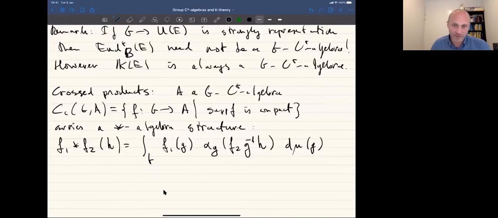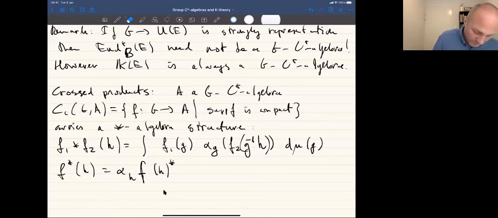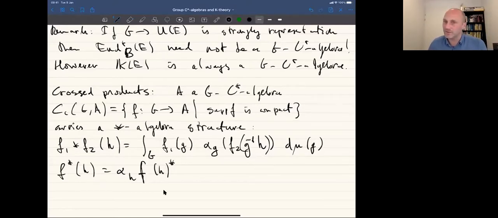You can check that this is an associative product, and there is a star structure also involving the action and the adjoint in the G C star algebra.